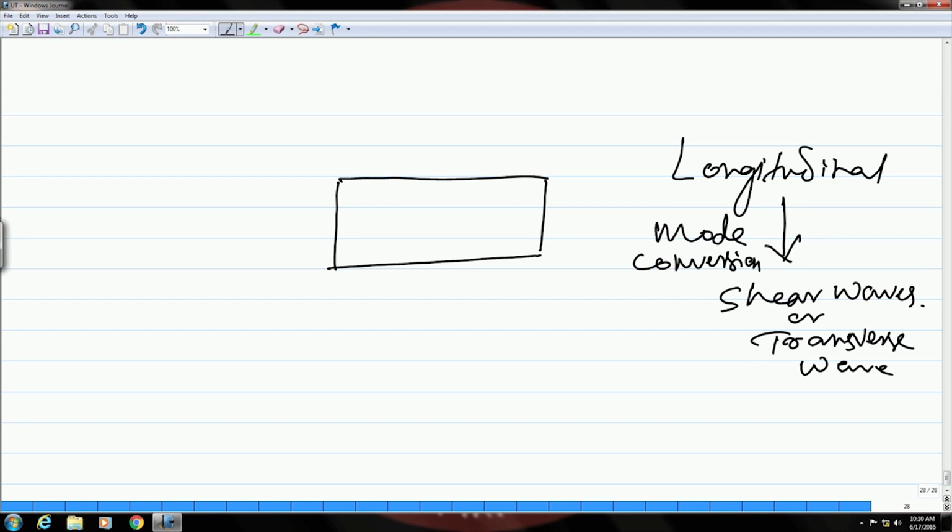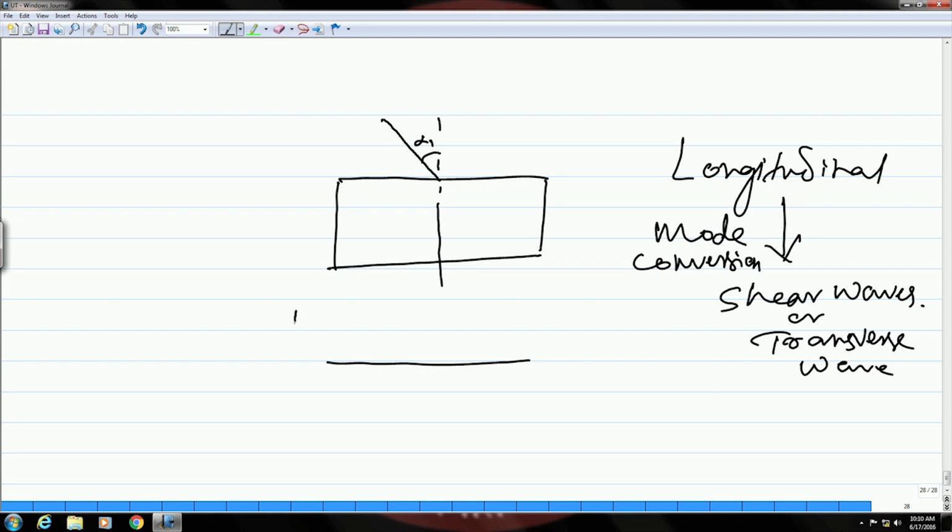So, this is a scenario like this. If you have an incident angle, let us say alpha 1, okay, and let us say this encounters an interface between two media.